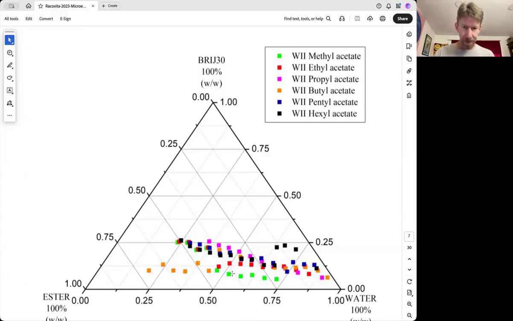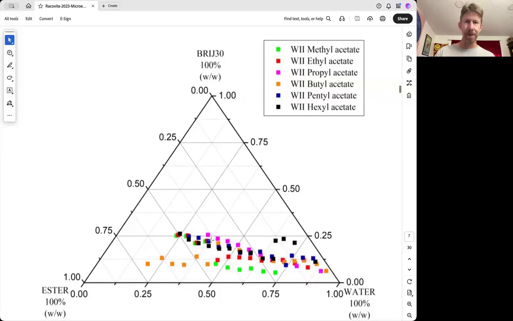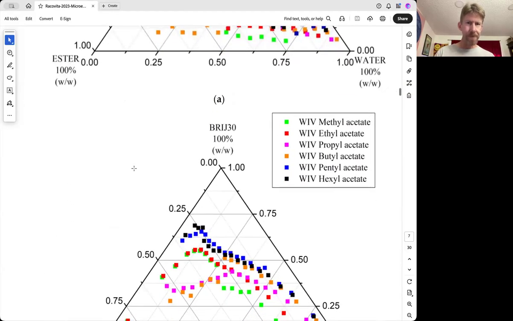So let's see. Green is here, and it looks like green goes up under these, and black is hexyl, green is methyl. I don't know which one we should choose. Propyl, maybe. Propyl just sort of stops right there, though. Well, let's look at the other one.